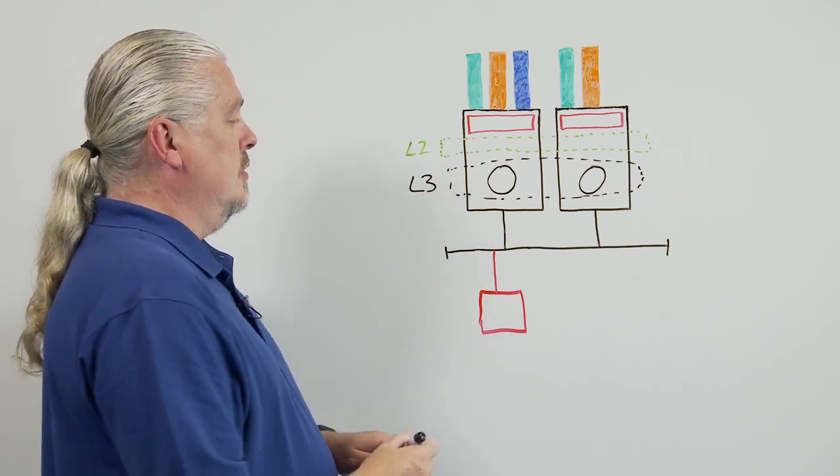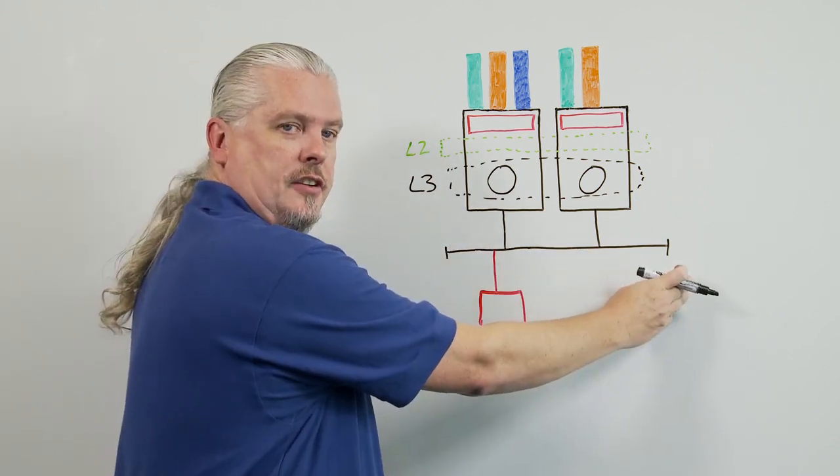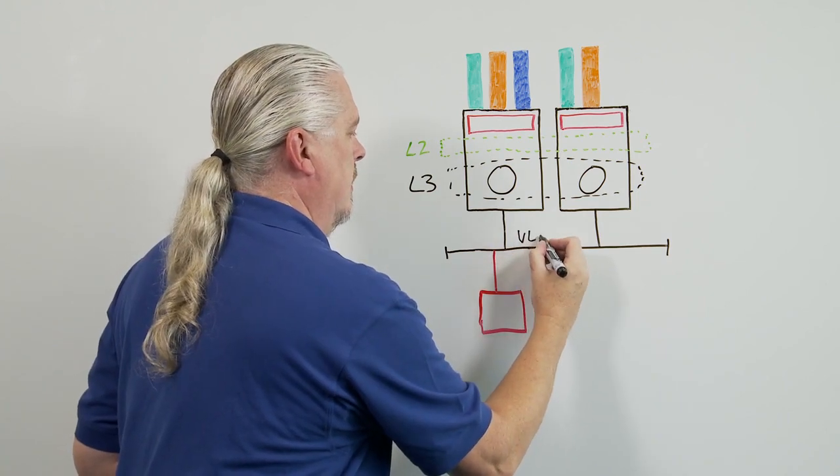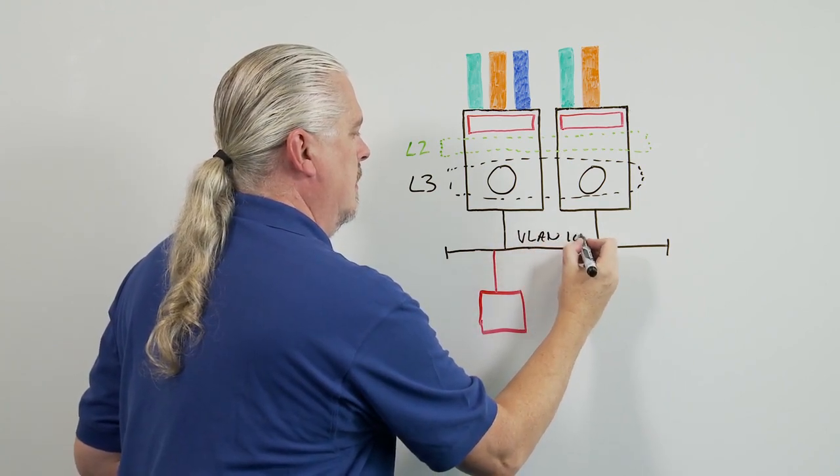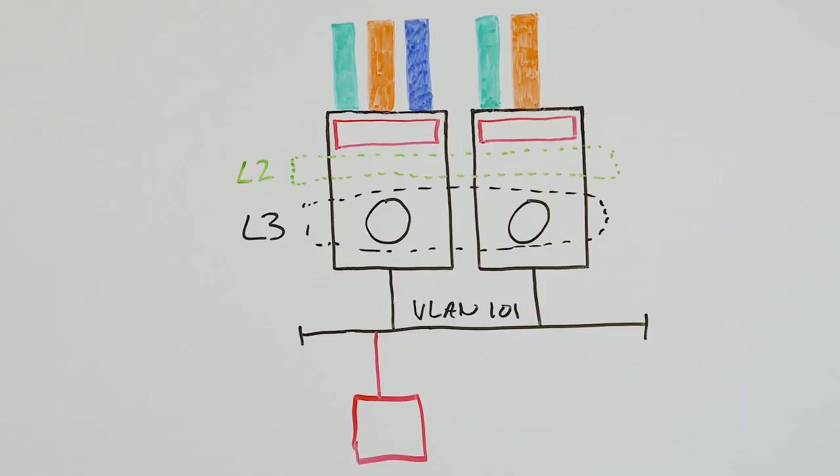What that allows us to do is to flatten our entire data center network and place it into a single VLAN, negating the need to modify our data center network to support additional servers or additional network functionality at the host level.